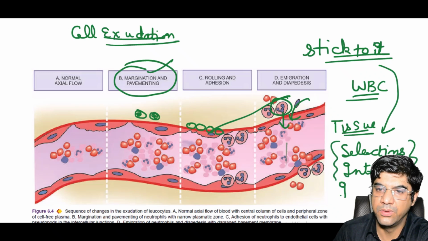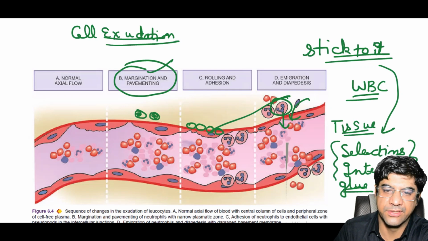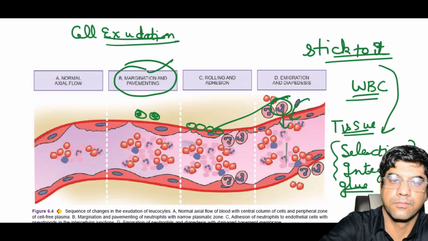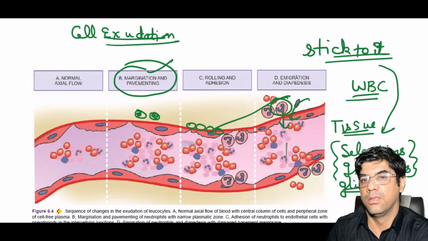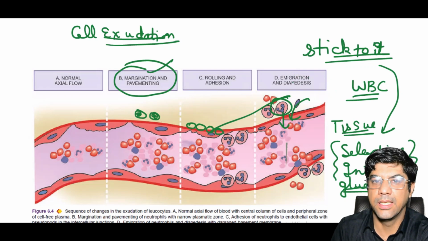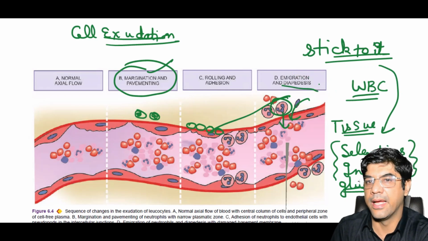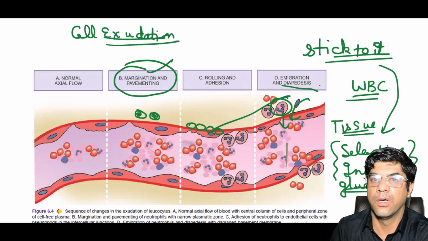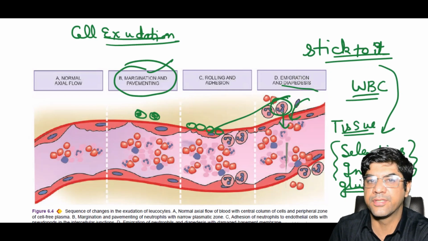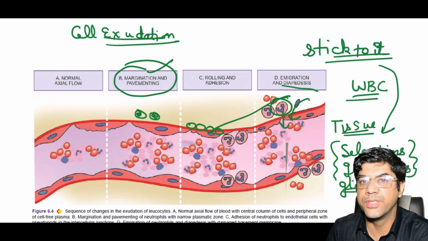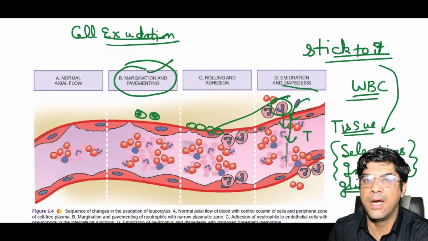These molecules act as a glue. They help the leukocytes stick there. Now the last step is emigration and diapedesis. The leukocytes squeeze through the gaps in the vessels and move into the tissues.